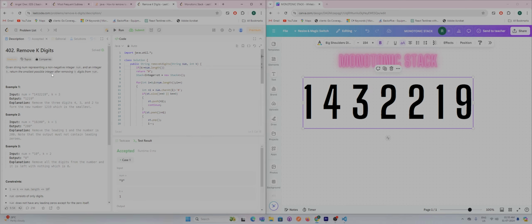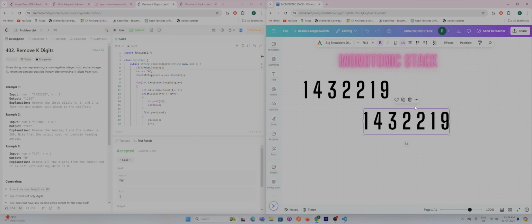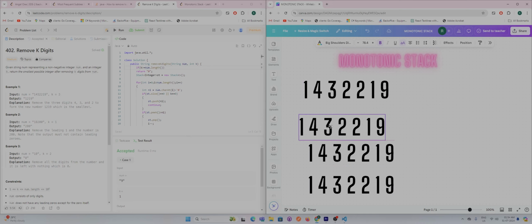Return the smallest possible integer. So if I remove three numbers, let's look at the problem a bit. Remove three numbers, some possible combinations I'm going to write down, where in each combination I'm going to remove three numbers from here. Let's just say I remove 4, I remove 2, one random combination, 1329.